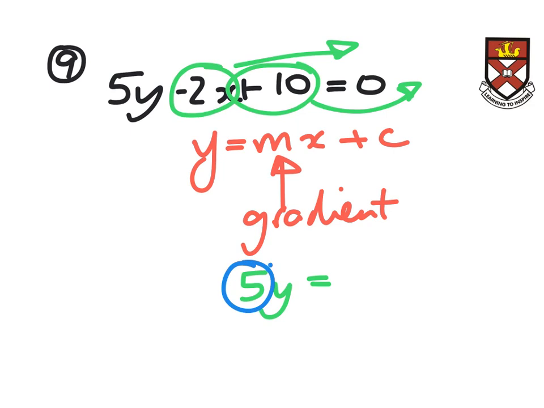Then we're going to move the 5 over, that's going to then give us y equals. If you can get it into this form here, y equals something x, add something, the answer to your question is this first something. What's the something before the x? Because the something before the x is the gradient.